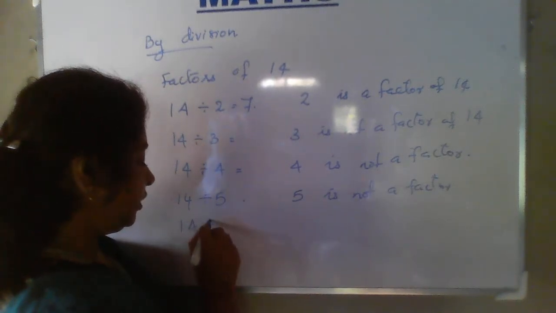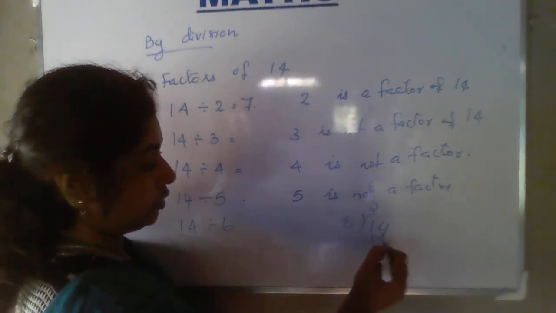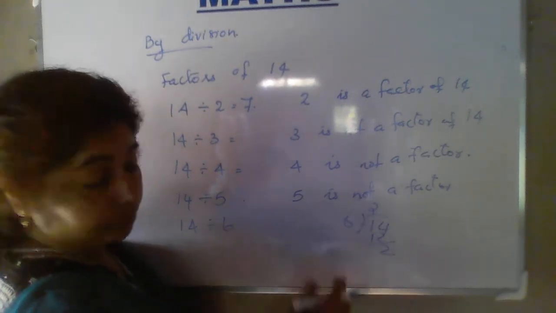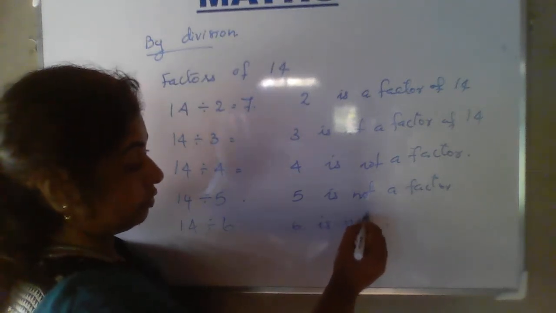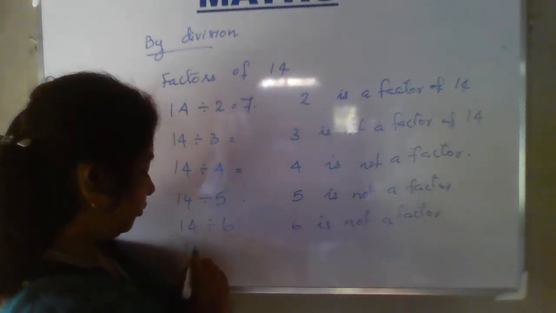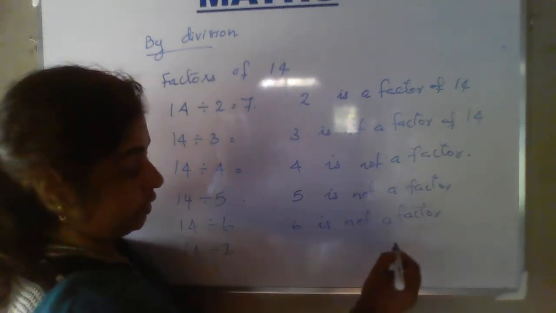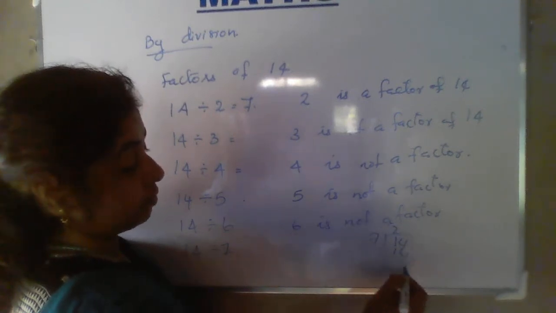Then 14 divided by 6. 6 × 2 is 12. The remainder is 2. Here 6 is not a factor. And 14 divided by 7. 7 × 2 is 14. Here the remainder is 0.